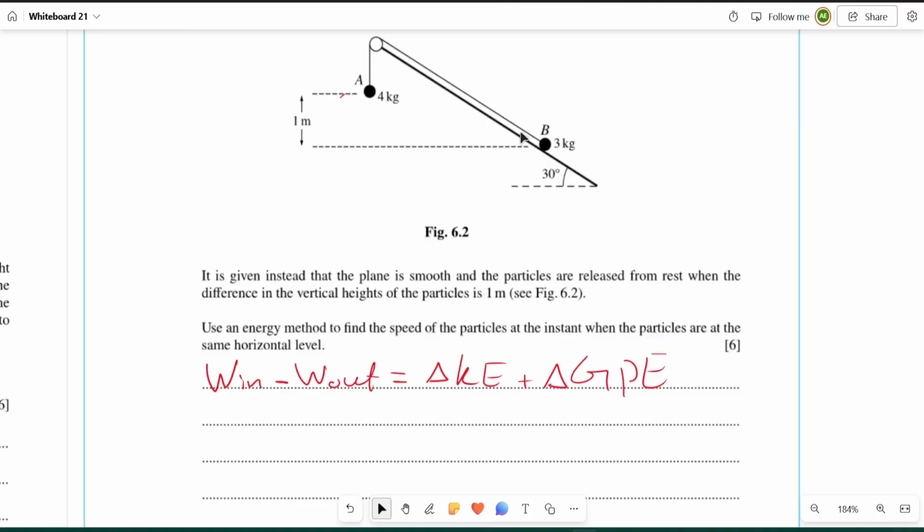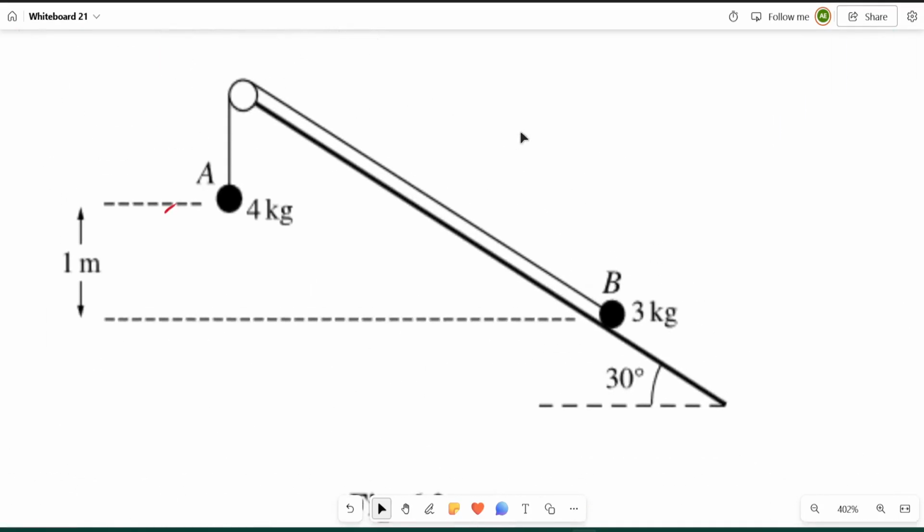Using this drawing over here, let's try to draw. Same horizontal level means, let's say, this is the same horizontal level, when both particles are here. So A is here now and B is here. That means they're both on the same horizontal level. You need to understand something.